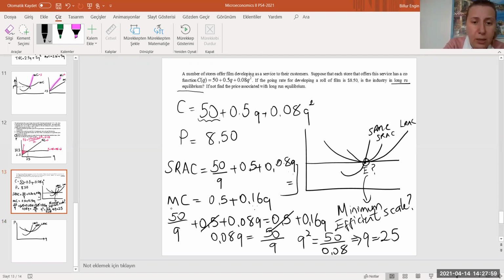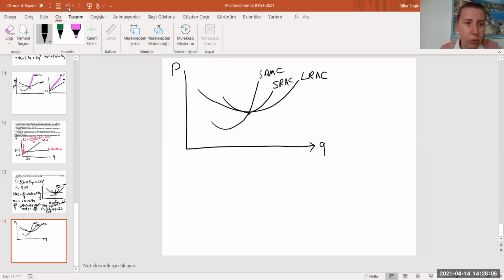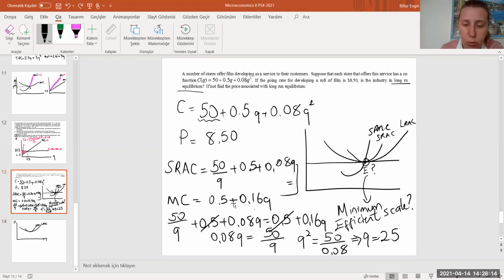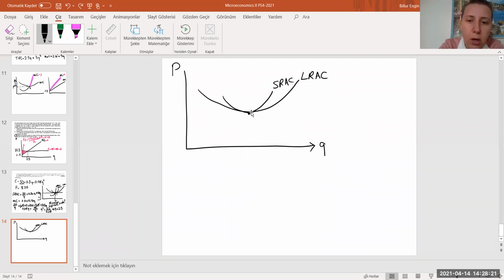Please try to see that here we have a marginal cost that is linear again, not U-shaped. Dolayısıyla burada marginal cost çıkaralım oradan. This is the minimum point. U-shaped olacak. 0,5 artı 0,16Q olduğunda U-shaped olmayacak. Lineer pozitif slope olacak. Çizmeyelim. Gerek yok.